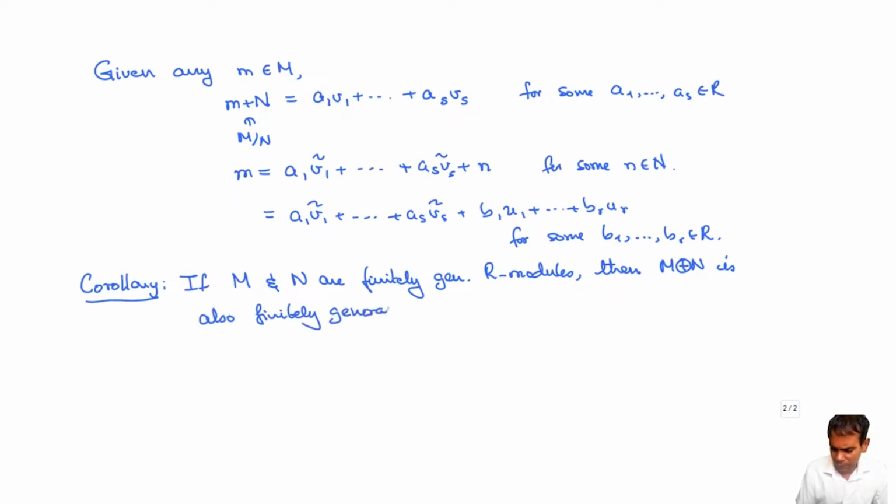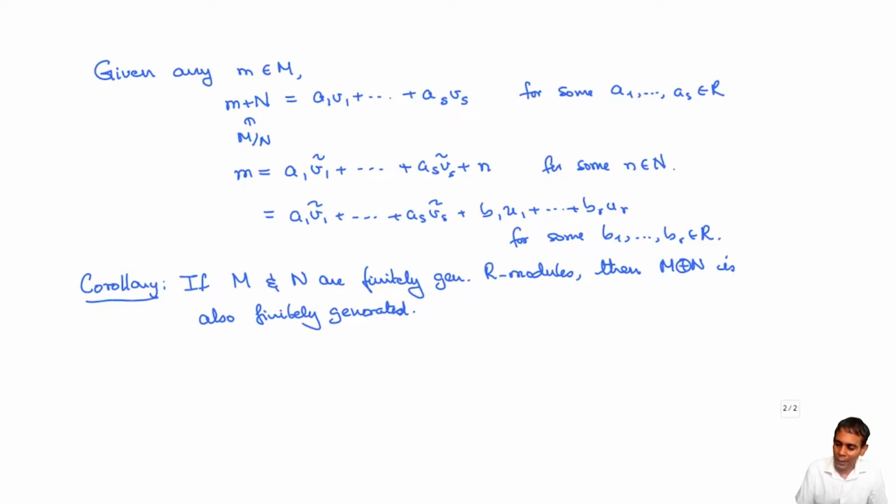Of course, this may be much easier to prove than reducing it as a corollary of the previous theorem. You could just take a generating set of M, a generating set of N, and take their union, and that would be a generating set of M direct sum N. But I'll just explain the proof using this.